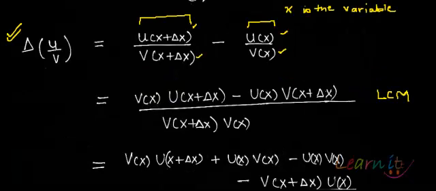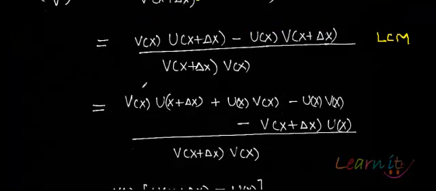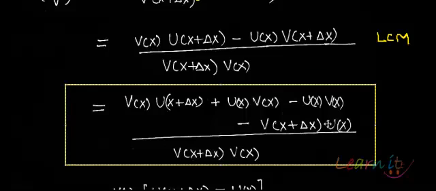v(x). Now some sort of manipulation, as we had done in the product rule as well. The denominator remains the way it is. What I would like to do is take out certain terms in common, and for that I will have to introduce certain terms.